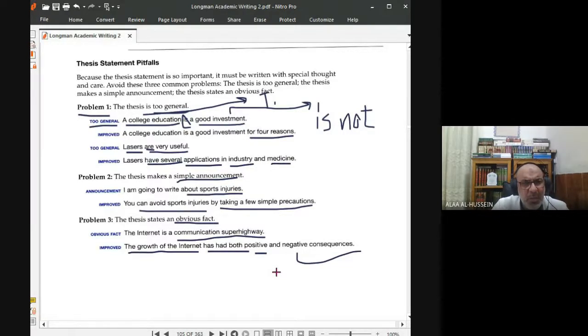Yes, Abbas Abdul Bari, yes, Nawar, Huda, and others. Yes, we have what? Sub-ideas. What are those sub-ideas? And where is the signaling phrase or signaling word that introduces these sub-ideas?